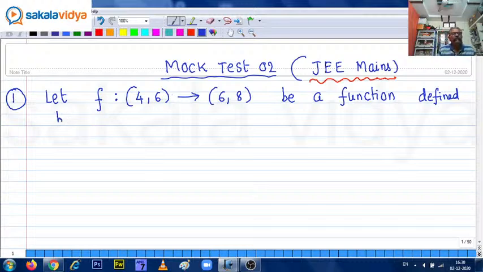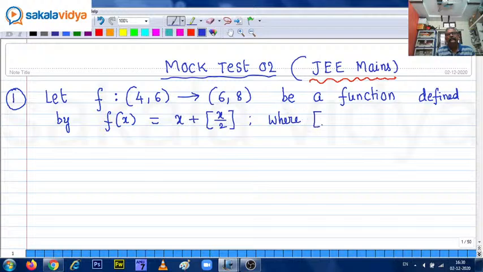Defined by f of x equals x plus integral part of x by 2. This bracket is the greatest integer function, where the square bracket denotes the greatest integer function.